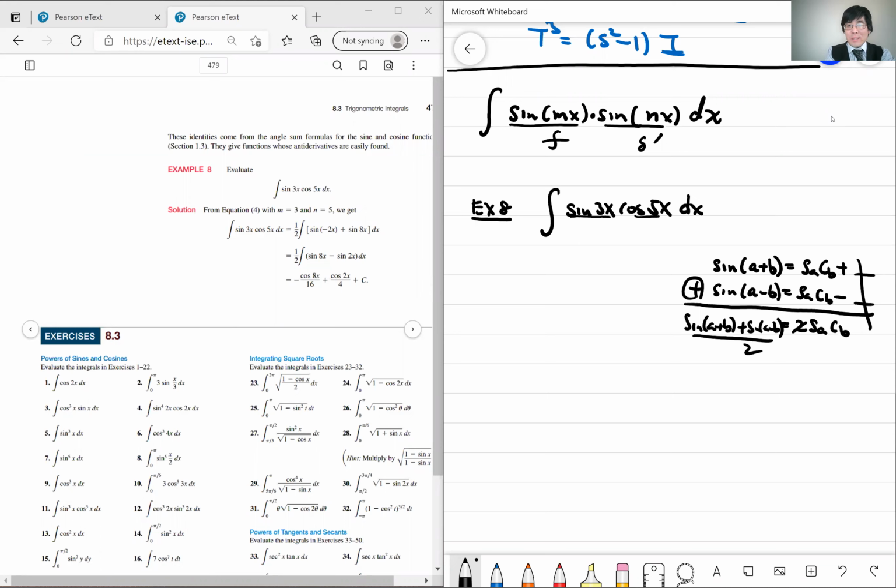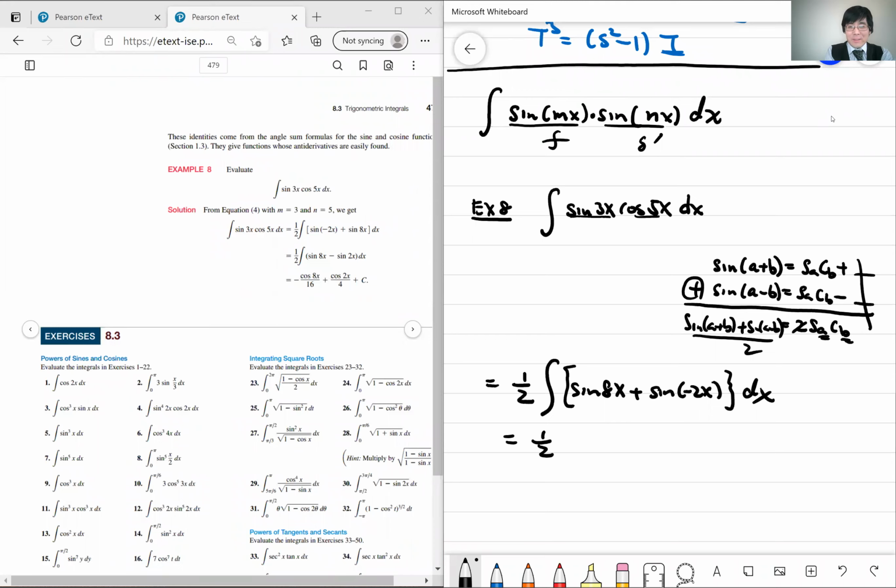So now you use A for 3x, B for 5x. This integration becomes 1/2 sine 8x plus sine minus 2x. Now this is very easy to integrate, but I hate the negative inside the sine function.